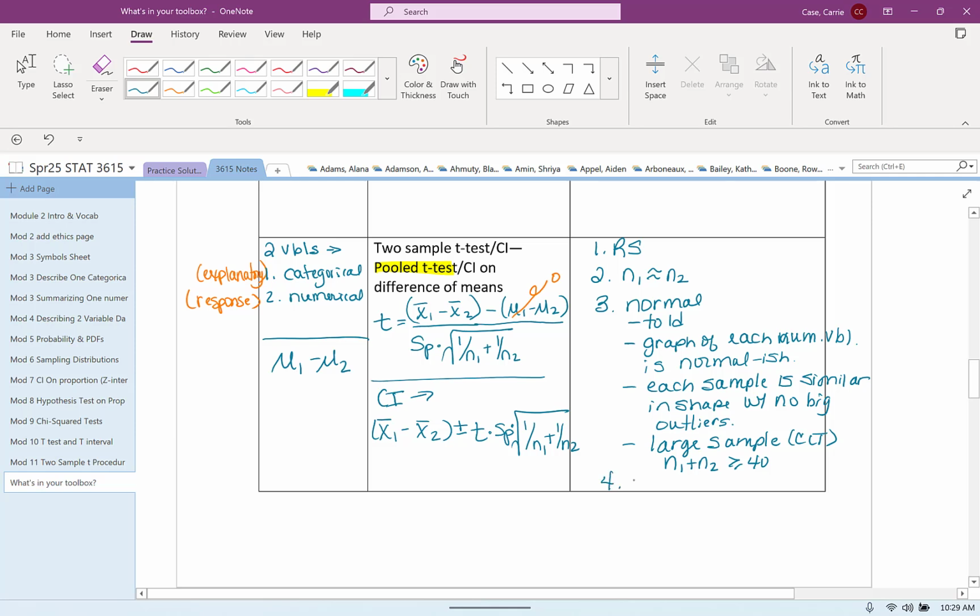And then the last condition is that the population standard deviations or population variances are equal. And to show this, we use a rule of thumb where we use our sample standard deviation for category 1 over category 2. That has to be less than 2. And the sample standard deviation of category 2 over sample standard deviation of category 1 also has to be less than 2. And so we have to satisfy those conditions.